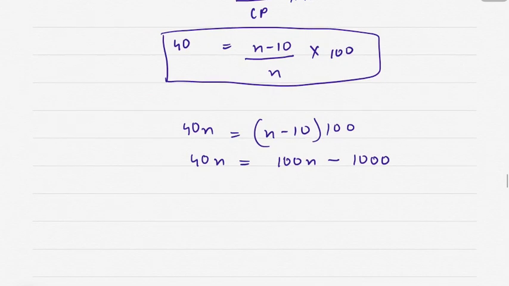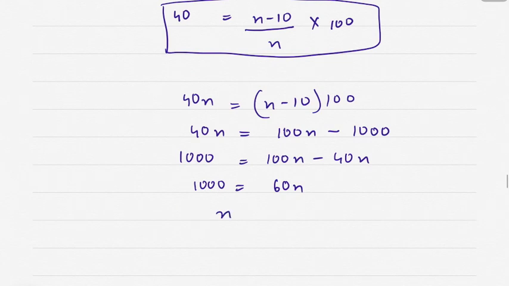I open the bracket. Then I will get 1000 this side and 40n on the other side. So this minus will become plus. So 1000 is equal to 100n minus 40n. Okay, so 1000 is equal to 60n. So n is equal to 1000 divided by 60.